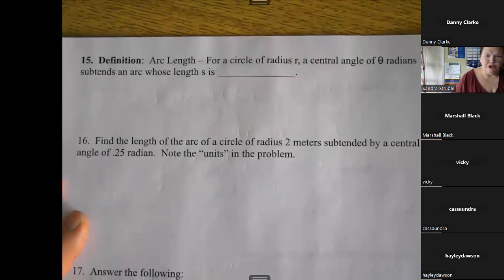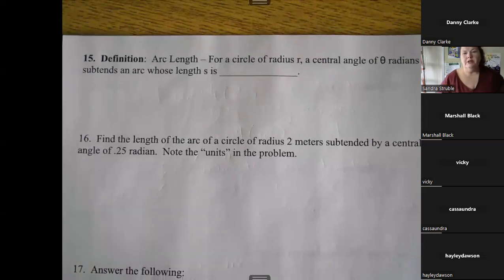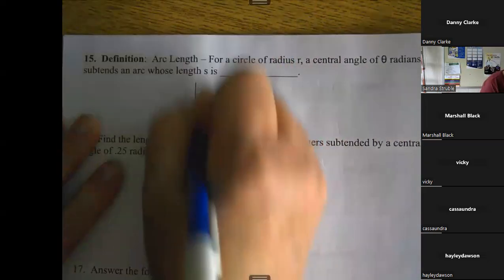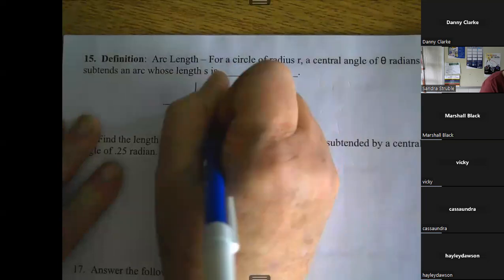Definition of arc length. Well, I just drew you a picture of it. For a circle of radius r, the central angle of theta radians, which is just the angle size, creates an arc. So let me draw it again. Here's my circle.